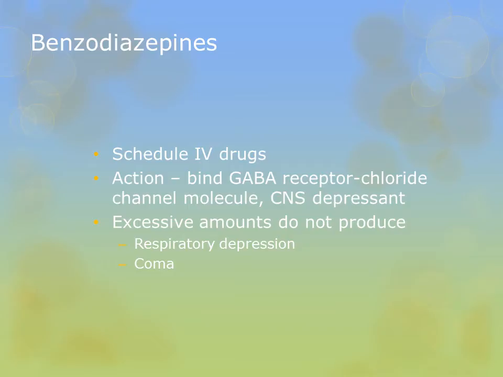When we're using these drugs to treat anxiety, keep in mind that most patients realize that their responses or their feelings are out of proportion with whatever is occurring. It doesn't matter.